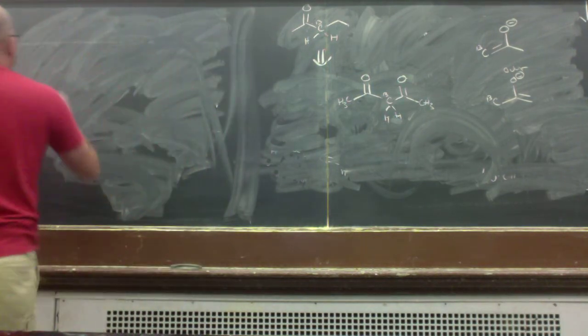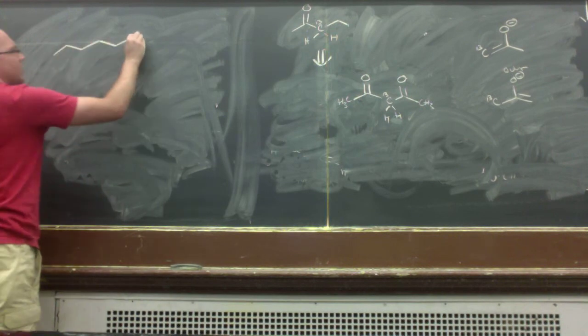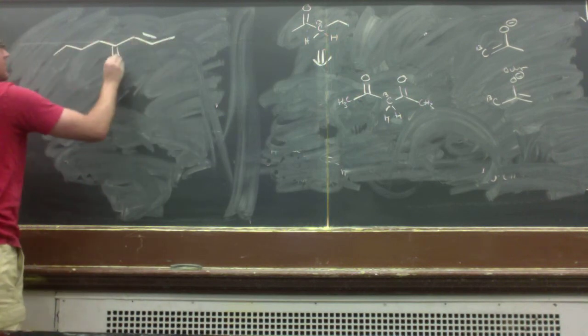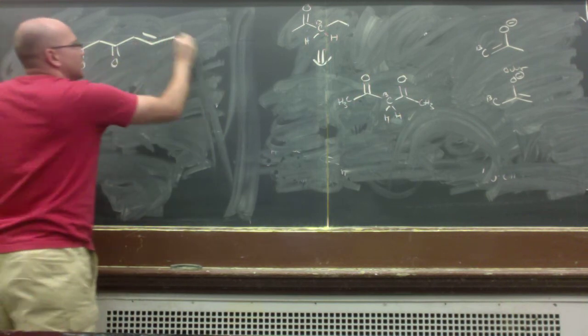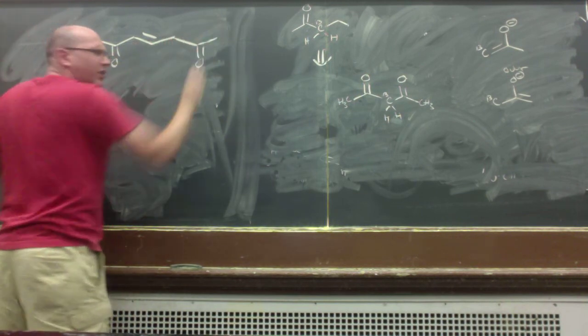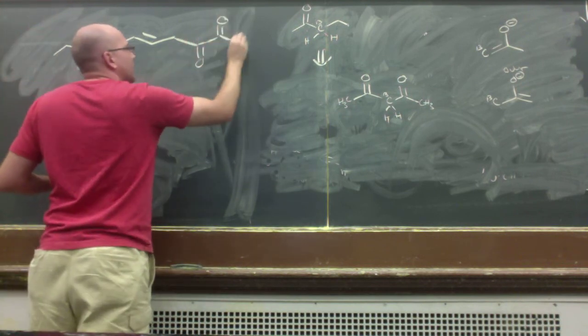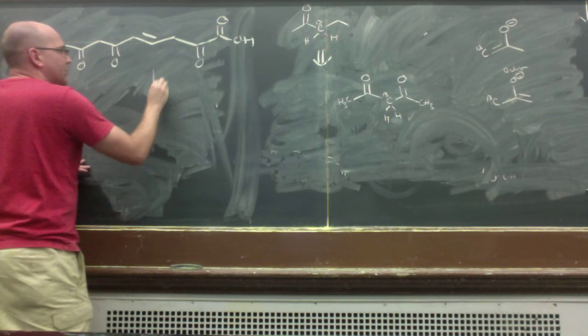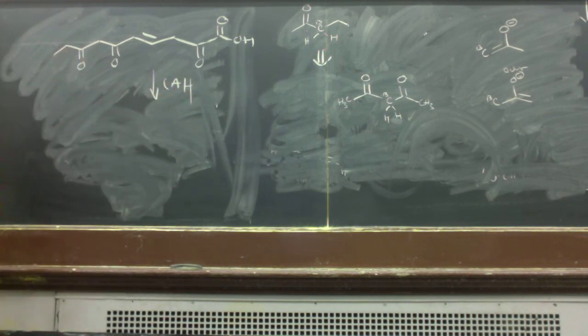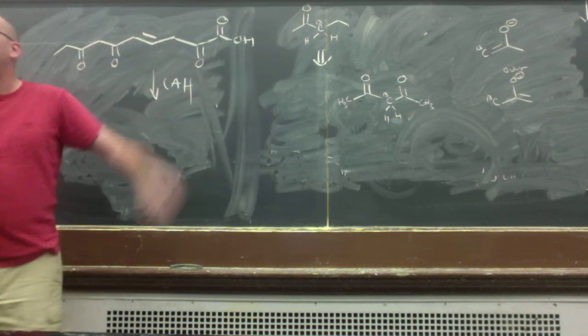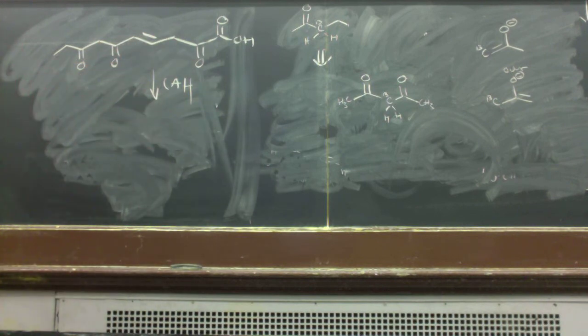So you're saying if you had a long chain molecule with double bonds, carbonyls, and a carboxylic acid, and you treated it with lithium aluminum hydride, what would happen? Yeah, you'd reduce everything. So this would be an alcohol, this would be an alcohol, this would be an alcohol. You get probably every permutation of diastereomers you can imagine.